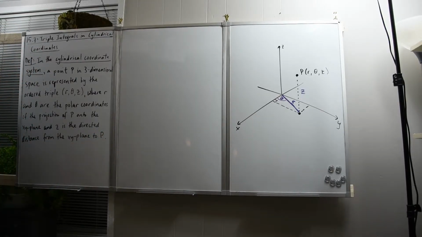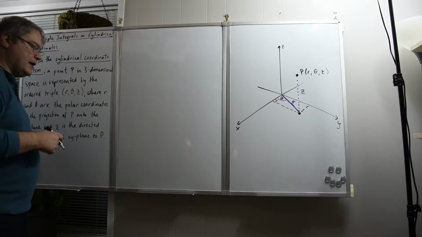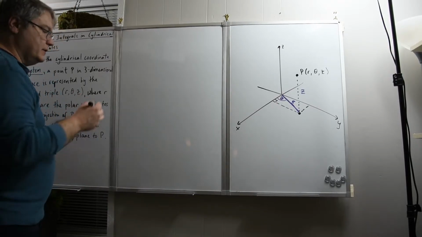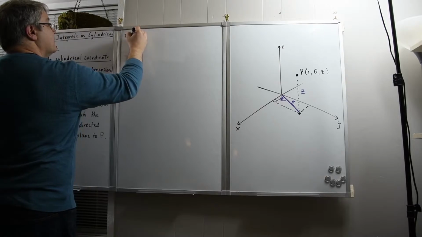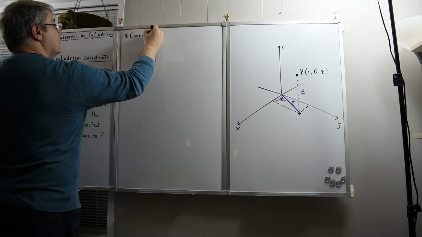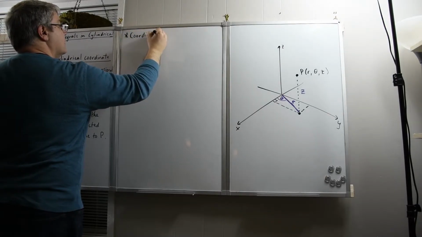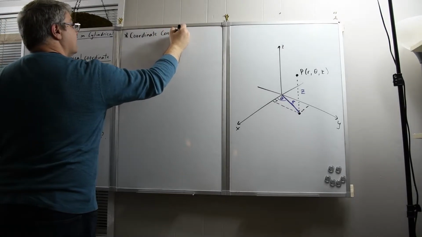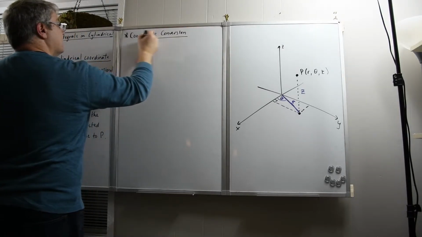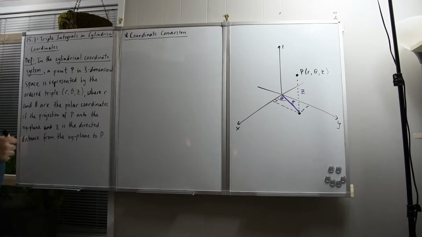And so we start thinking about conversions. How do you convert from one set of coordinates to the other? We can think about what it means to convert from cylindrical to rectangular, or from rectangular to cylindrical.